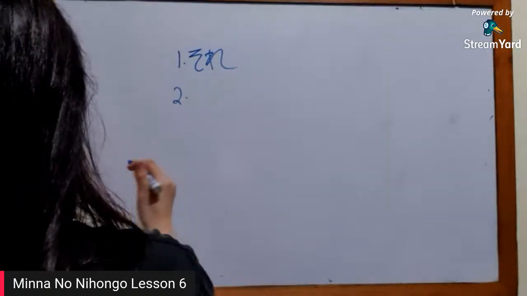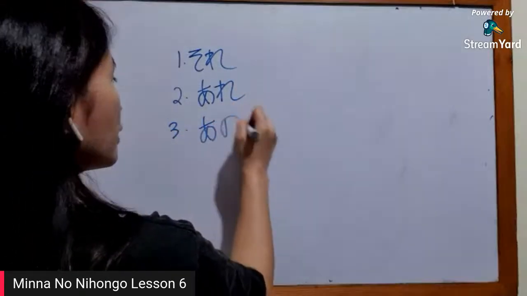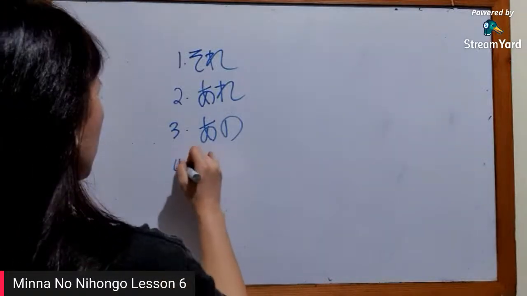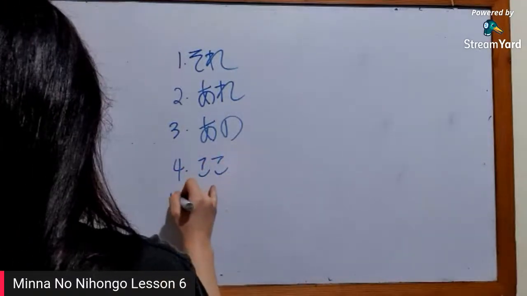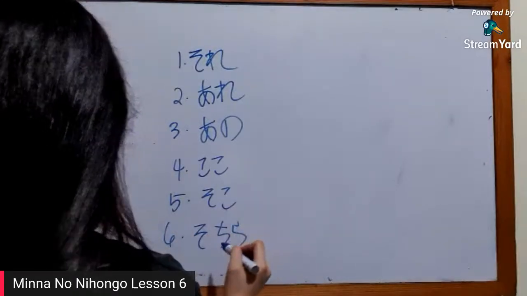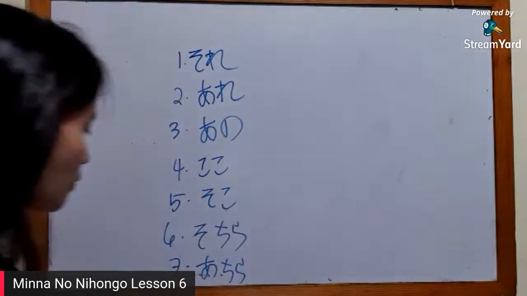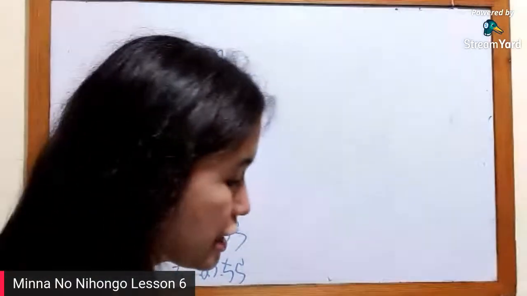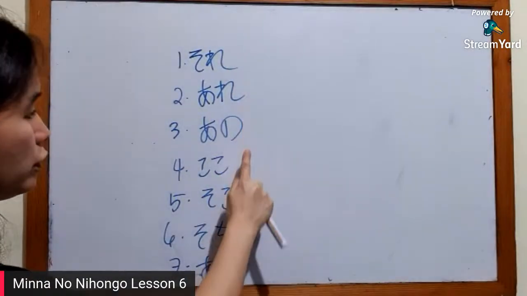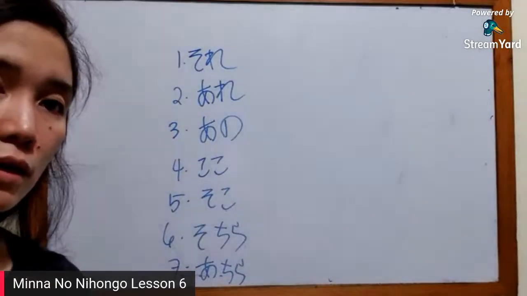So I'll just write it in here. Check your answers. Okay, number 2 is are. Number 3 is ano. Please check your answers. Sore, are, sono, ano, koko, soko, kochira, achira. Okay.